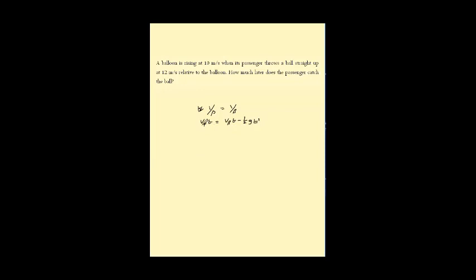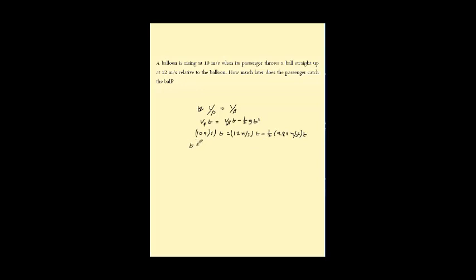The velocity of the balloon is simply 10 meters per second times t, which is equal to the initial velocity of the ball, 12 meters per second, times t minus 1/2 g, which is 9.82 meters per square second, times t squared.